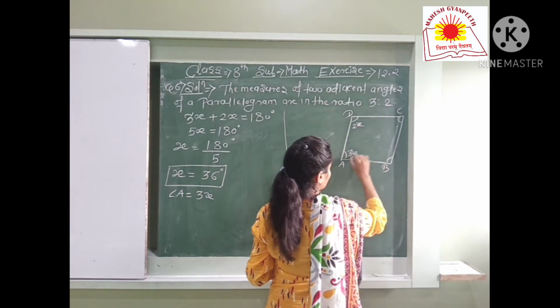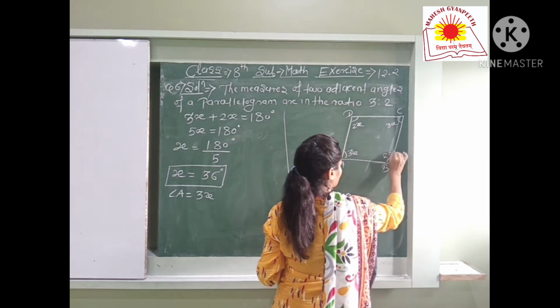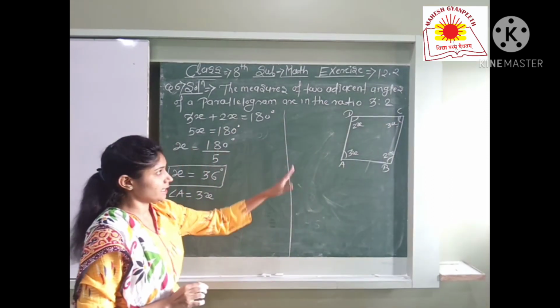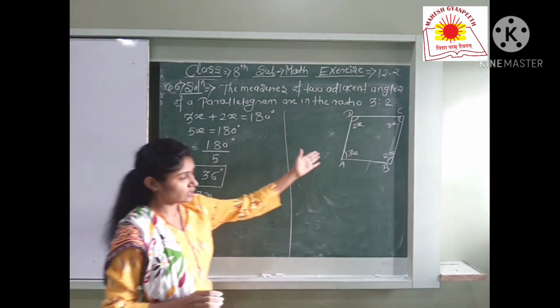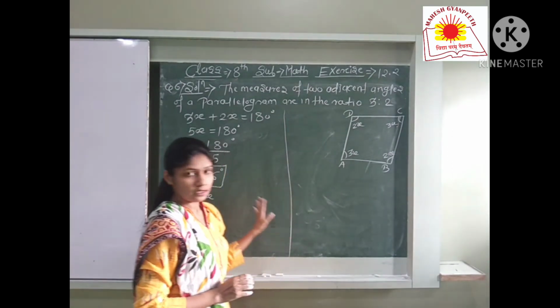So what is the measurement of the opposite angle of 3x? It is also 3x, and the opposite of 2x is also 2x. Simply draw the diagram, and according to the diagram, solve the example properly.